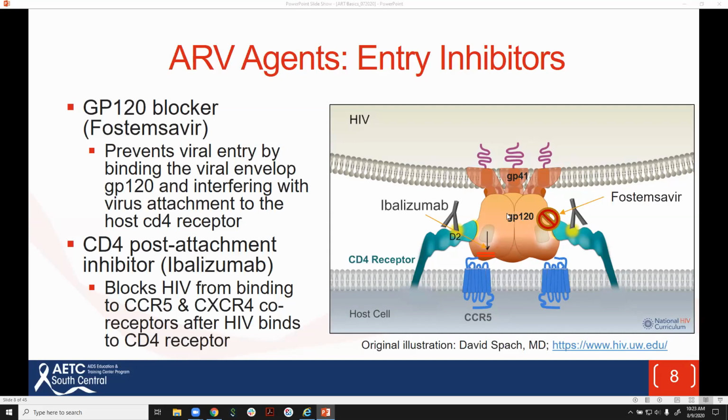This GP120 will attach to the CD4 receptor, and that's really the first part that needs to happen for HIV infection of the CD4 cell. And fostemsavir, the new FDA approved medication that has just been approved in July, will block this GP120 from binding to the CD4 cell.